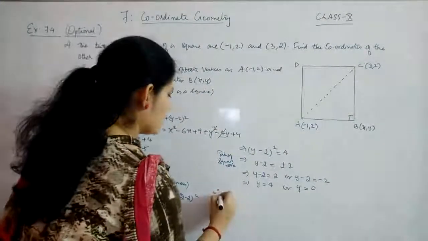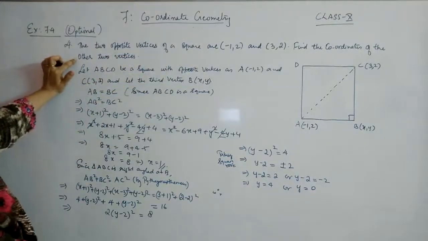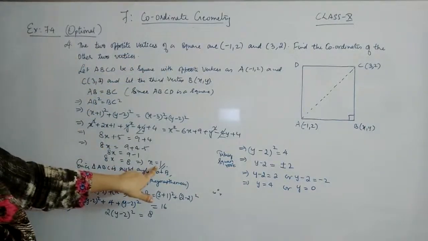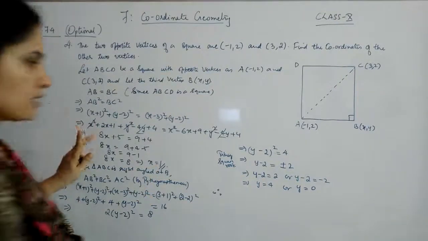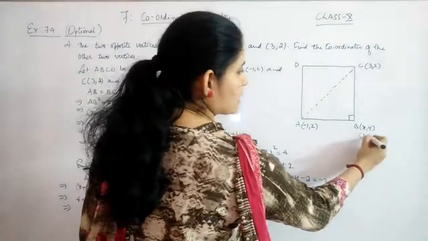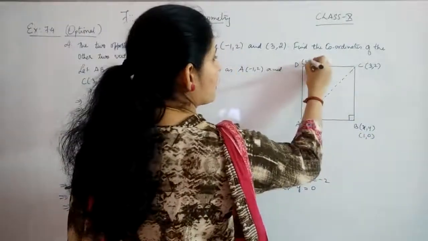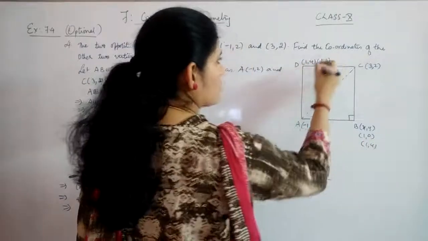So you are getting two values of y. Therefore, you have to find out the coordinates of the other two vertices. When x is 1, you are getting either 4 or 0. That means you are getting two coordinates. If this part is 1, 0, this will become 1, 4. Or else if this is 1, 4, this will be 1, 0.